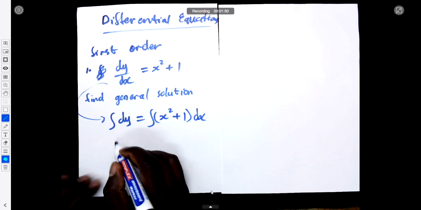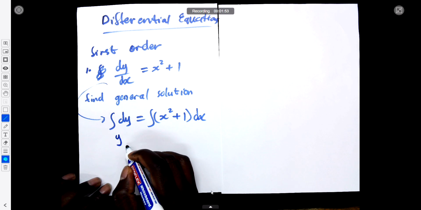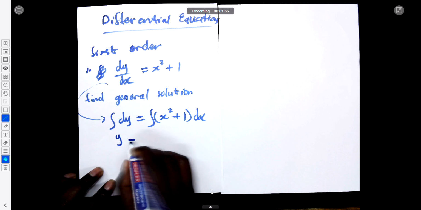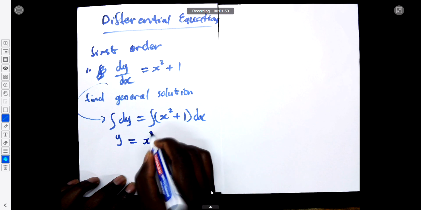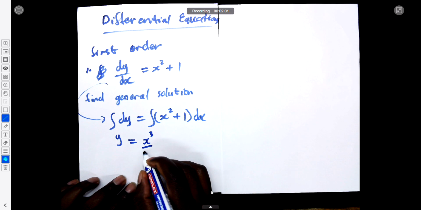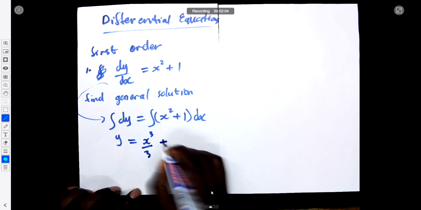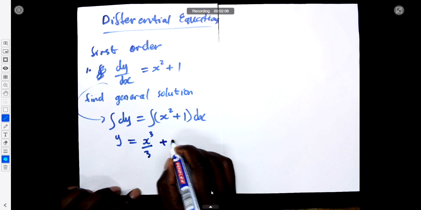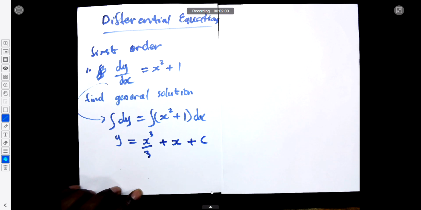The integral of the left hand side in terms of y will be y, and it equals the right hand side, fully simplified: x cubed divided by 3, plus x, plus the constant. So that is the general solution from what we call first order.